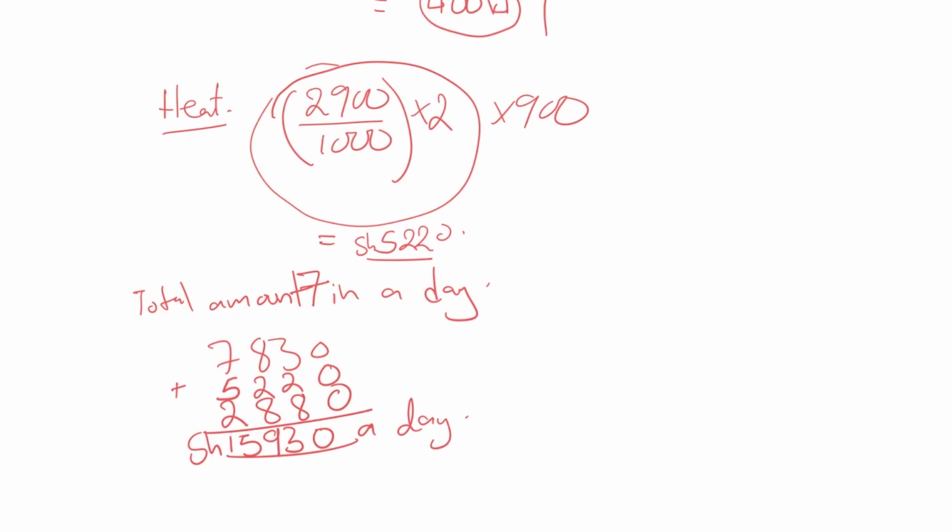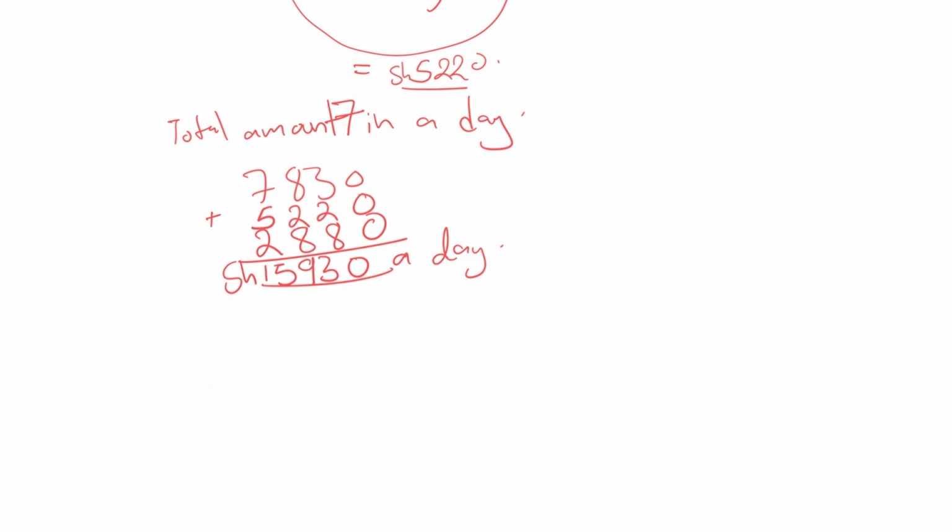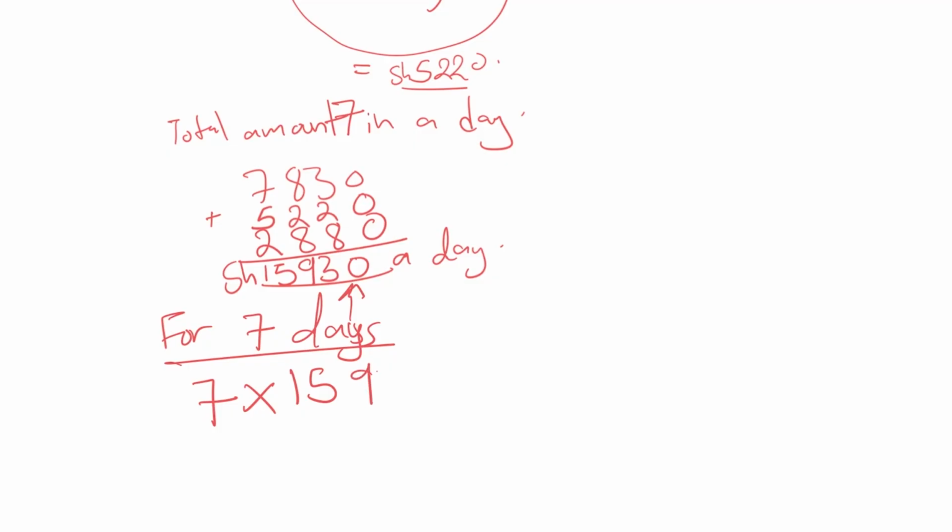But remember, we are using these appliances for 7 days. So we shall multiply this value by 7. That will be 7 times 15,930 shillings, and we shall come up with 111,510 shillings for a week.